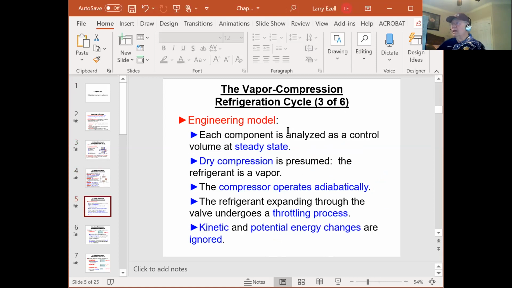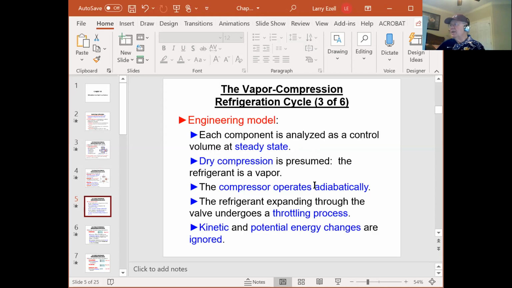So when we analyze the vapor compression cycle, we analyze it just like before. Each component is analyzed as a control volume at steady state. Dry compression is presumed. That means it's all vapor. There's no liquid in the compression process. In an ideal process, the compressor operates adiabatically, meaning there's no irreversibilities.